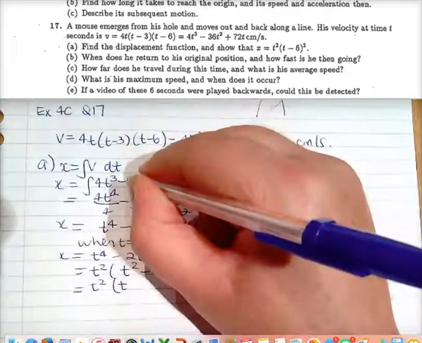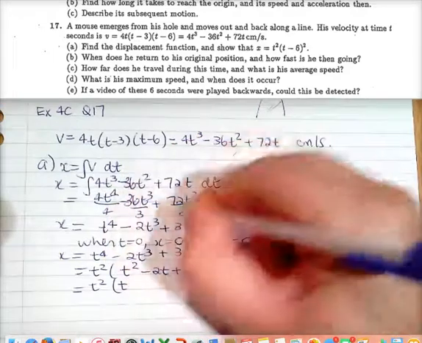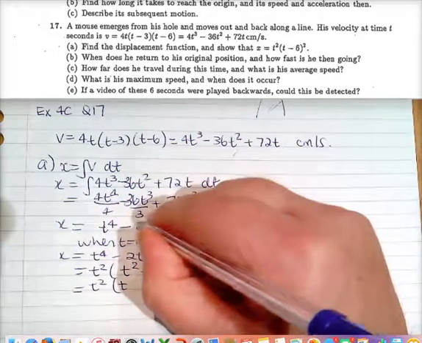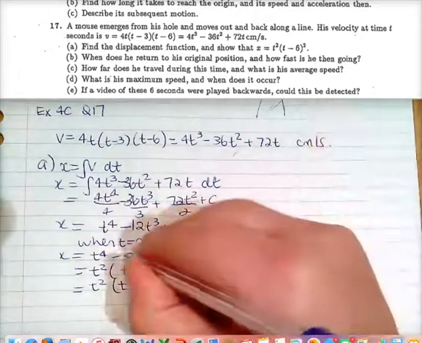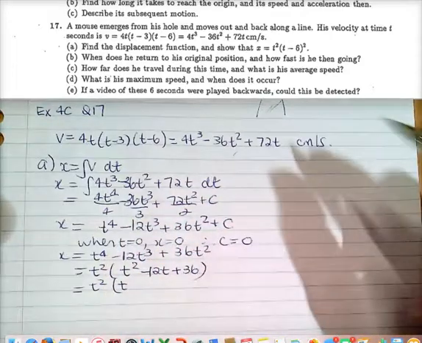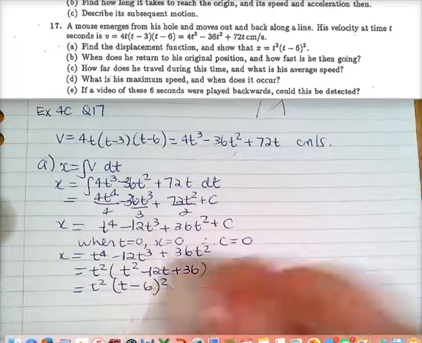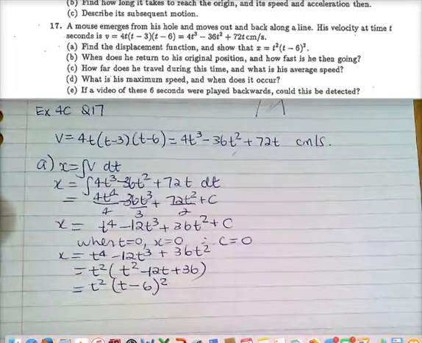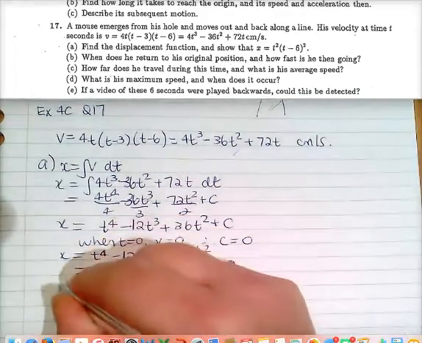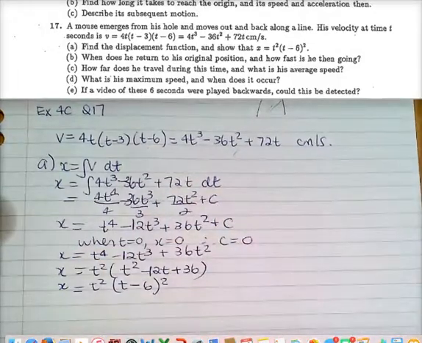Sorry, just a little error, that's 36, that's 36, that's 12. That's better, so we get t minus 6 squared. So therefore x equals t squared bracket t minus 6 squared.